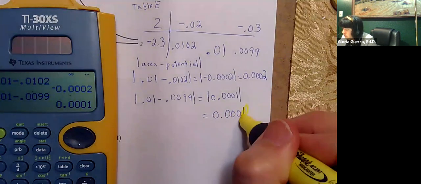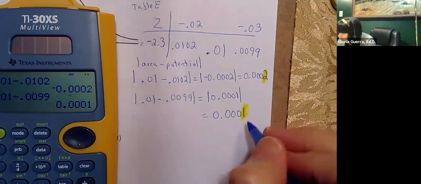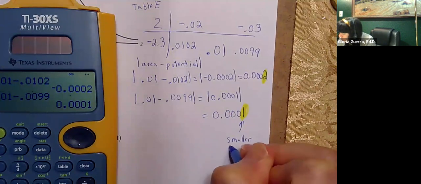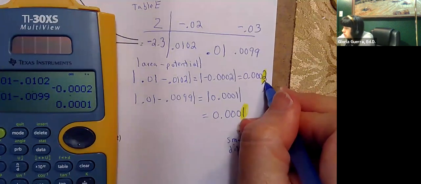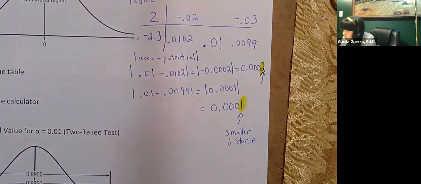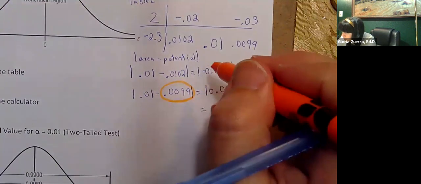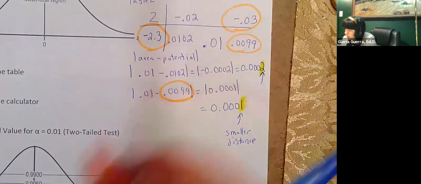It's not till you get to the ten-thousandths that you get a 1 and a 2, and the 1 is a smaller distance as opposed to the 2. So when you backtrack to this, and then you backtrack to this, and you backtrack to this. Okay.